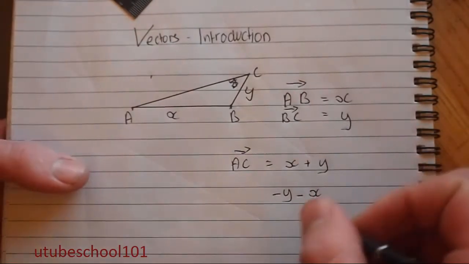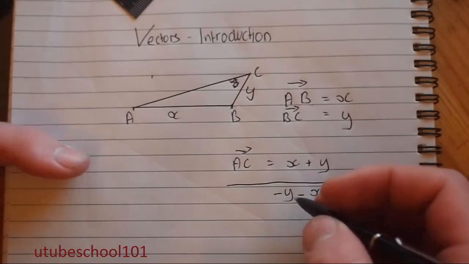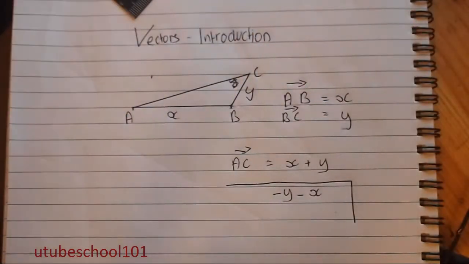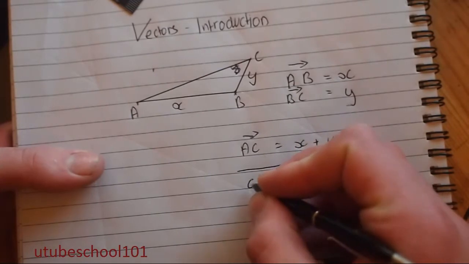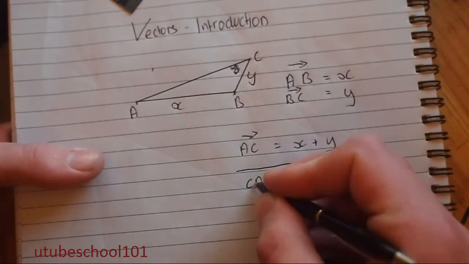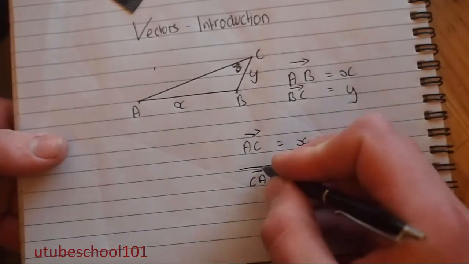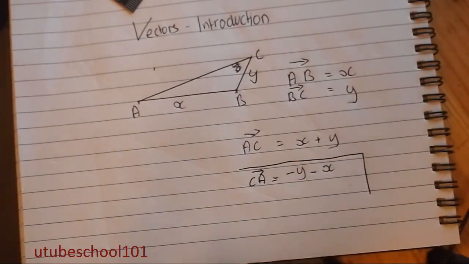So, here's my answer. What's the vector for C to A? Well, it's minus Y minus X. So you can write this here: your starting position C, your finishing position A, and I'm going from C to A. And that is the same as saying minus Y minus X.